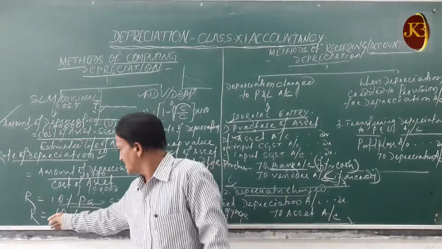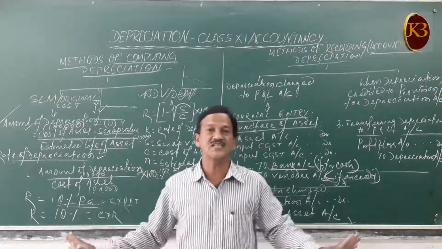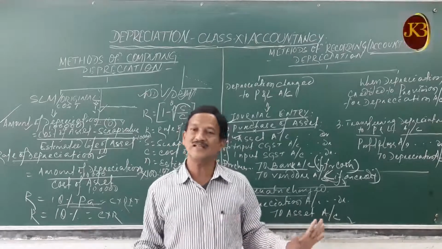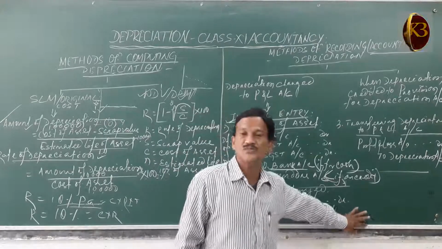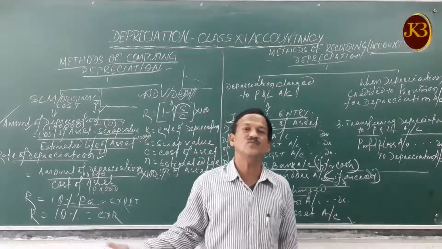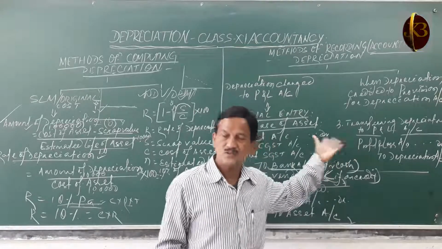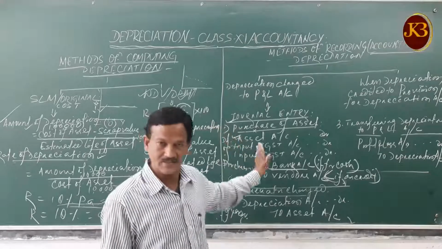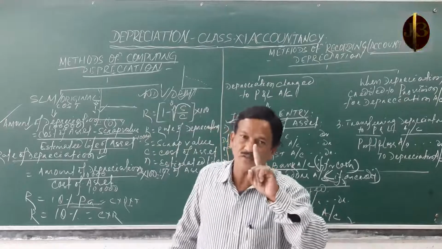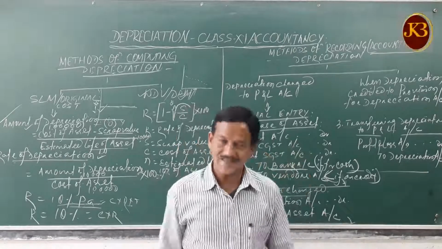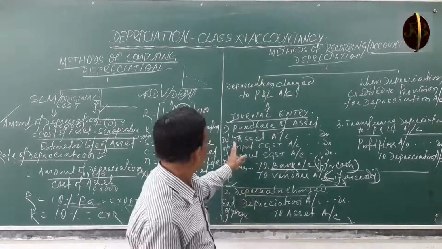If it is 10%, only 10% is given irrespective of the year, then at the flat rate you will directly charge the amount of depreciation. That means at a flat rate of 10%, on 1 lakh, it is 10,000. So the time factor will not be taken irrespective of the date of purchase of the asset. Keep that in mind.